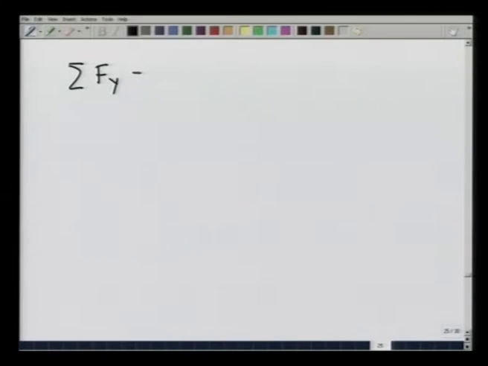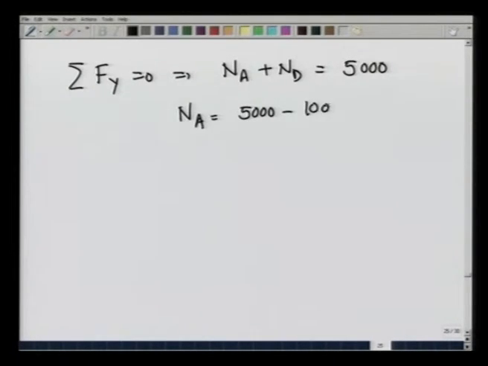Once I know N D, then summation Fy is equal to 0 gives me N A plus N D is equal to 5000, and this gives me N A to be 5000 minus 10,000 over 3, which gives me 5000 over 3 newtons.